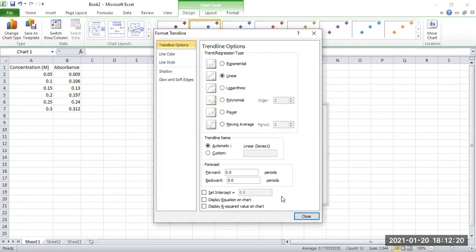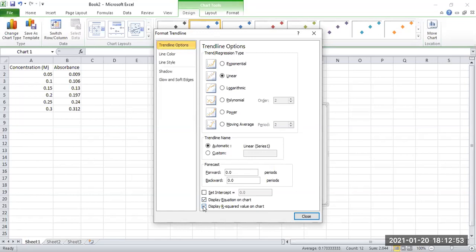For the overwhelming purpose of what we are doing, most of the things this semester, you are going to be choosing linear. Now, look all the way down here at the bottom of the box. There's a couple of little things that can be clicked or not clicked. We want to see the equation on the chart, so click the box that says display equation. I also would like you to click the box that says display R squared.